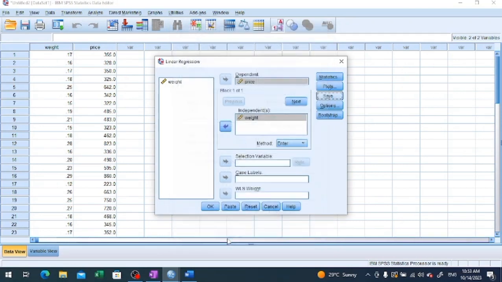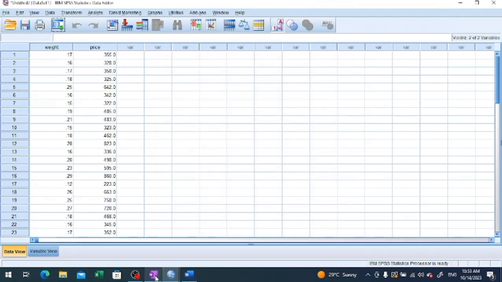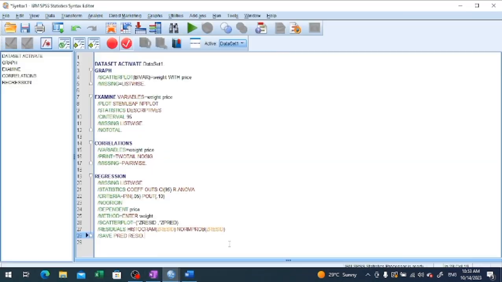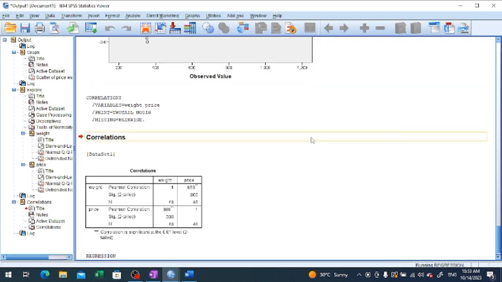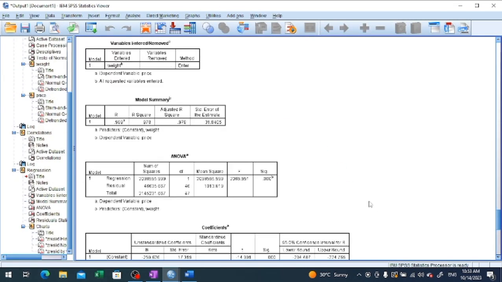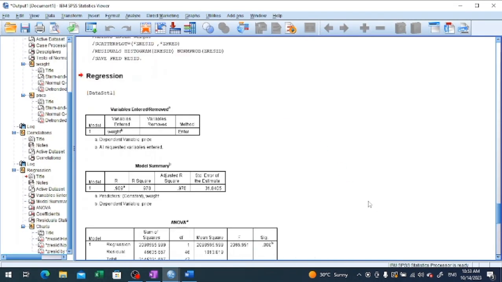So we click Continue and now we click Paste, and then again we go to the syntax file, select, and run the syntax. This is how we get the regression model.